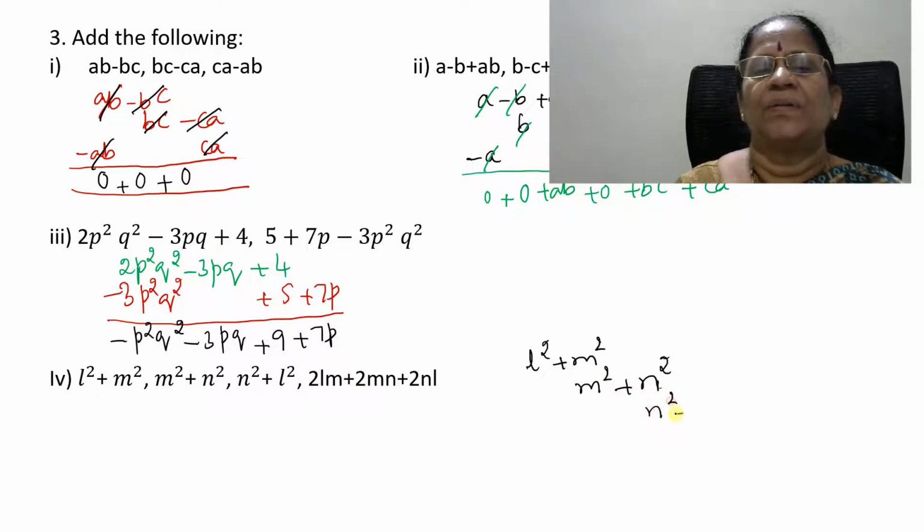N square plus L square plus. You don't have LM, MN and NL terms. So you need to write like this: 2LM plus 2MN plus 2NL.